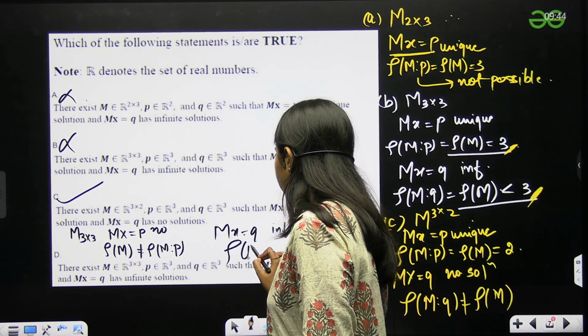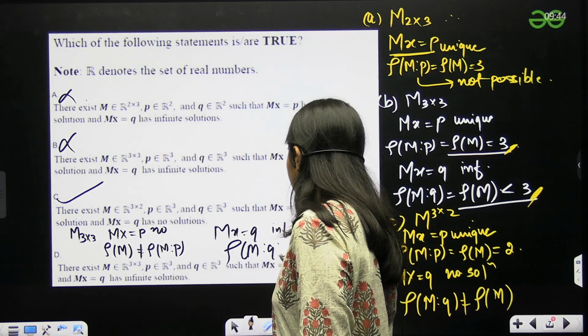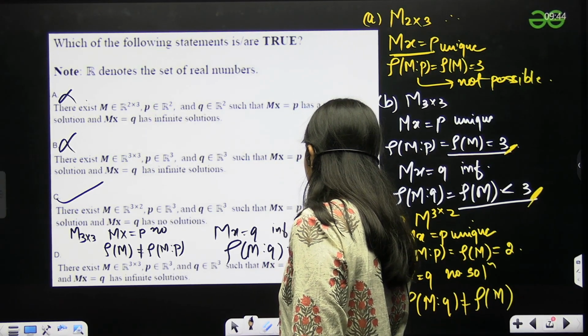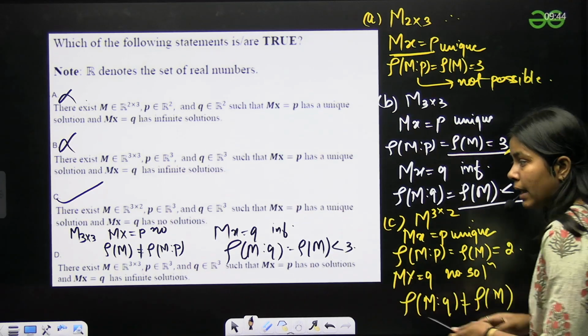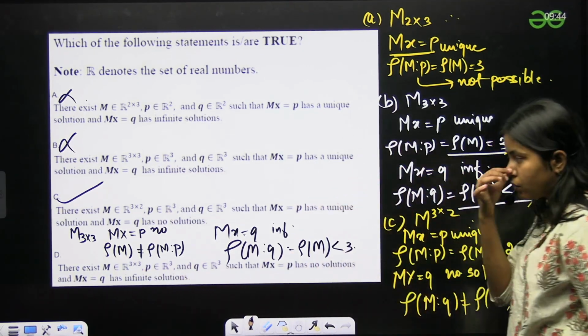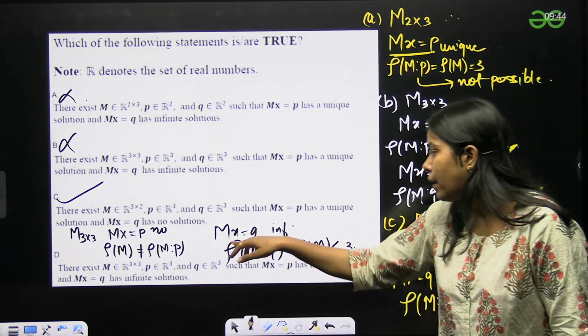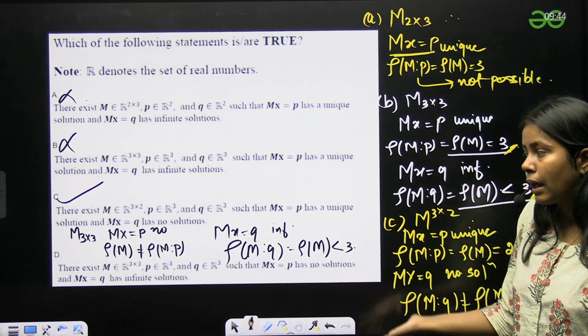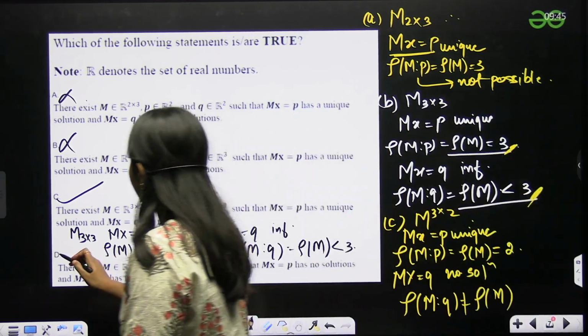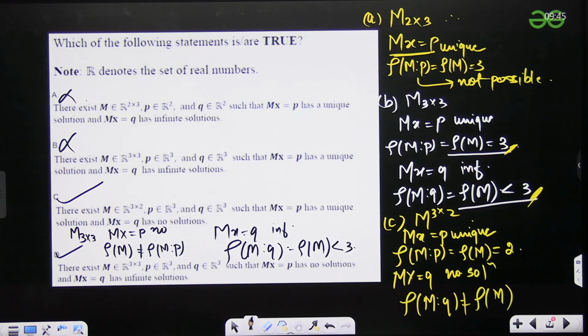So rank of M augmented Q is equal to rank of M, which is less than the number of variables, 3. Again it can be true, because it does not have any conflict with the previous condition; here we have rank of M less than 3. So C and D can be true, but A and B are not true because I got a contradiction there.